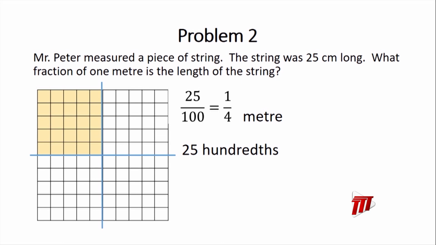So 25 hundredths is the same as 1/4. And 25 hundredths can be written as 0.25, and it can be read as 25 hundredths, or for convenience, 0.25. So the length of string that Mr. Peter measured is 1/4 of a meter, or 25 hundredths.